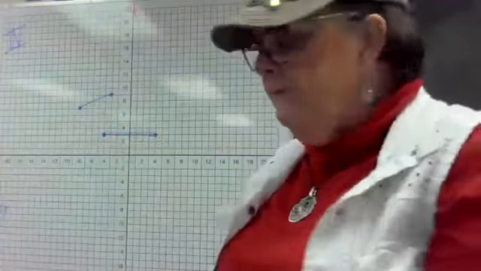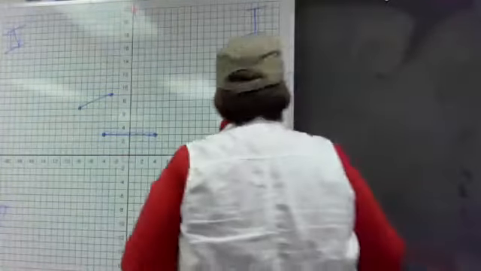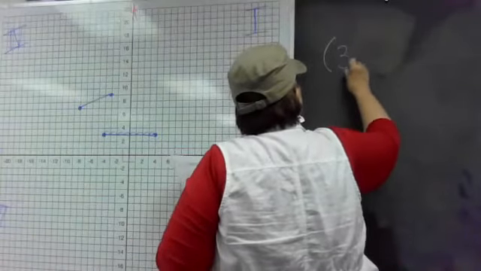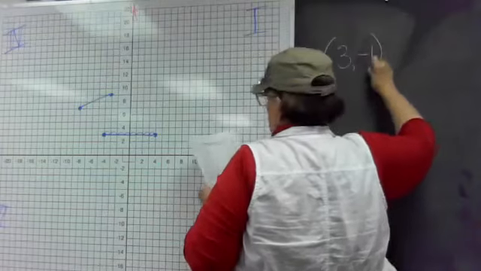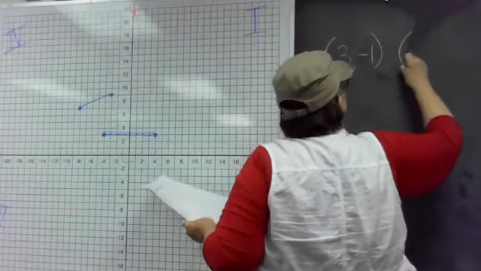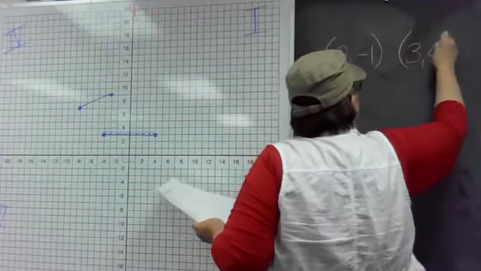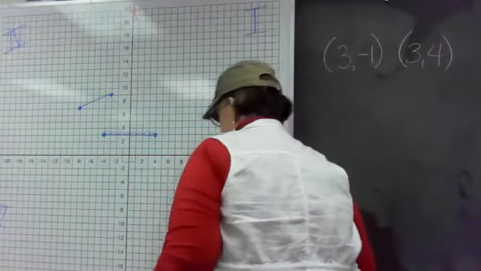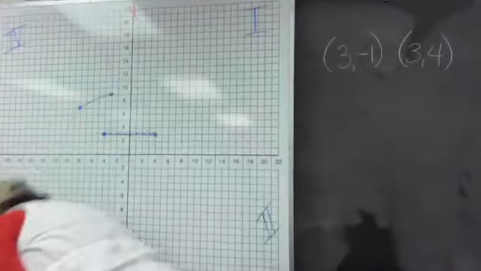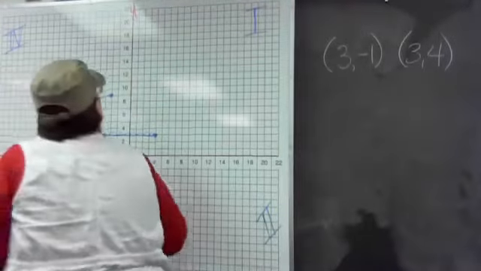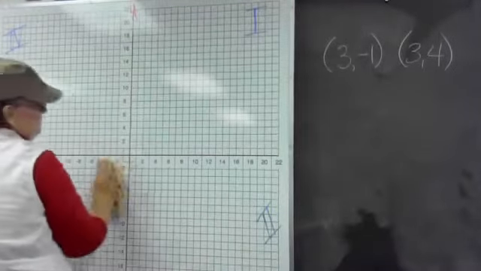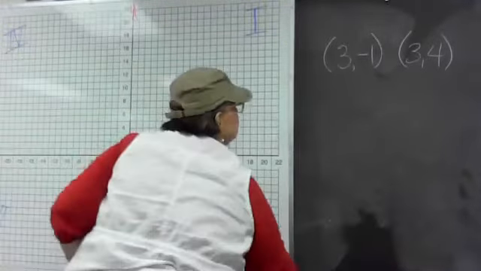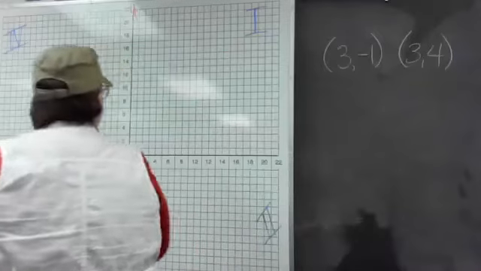I'm going to do number 1. Number 1 says to plot these points, -1 and 3, 4. So I'm going to have 2 points here on the graph, and all my erasers and my markers and my chalk play hide and go seek. All right. So let's plot 3, -1.